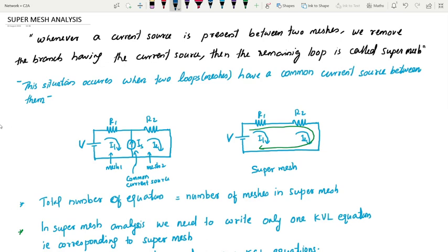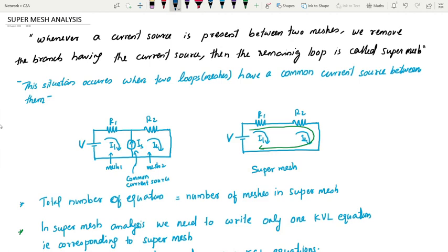Here we can see that there is a common current source between these two meshes, that is mesh 1 and mesh 2. So in this case, what we are going to do is remove this current source like this, and we will take this outer loop, and this outer loop is known as super mesh.